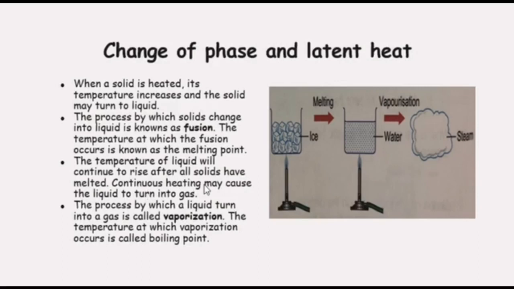Continuous heating may cause the liquid to turn into gas. The process by which a liquid turns into a gas is called vaporization. The temperature at which vaporization occurs is called the boiling point.